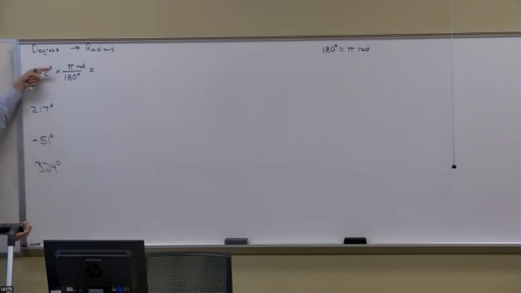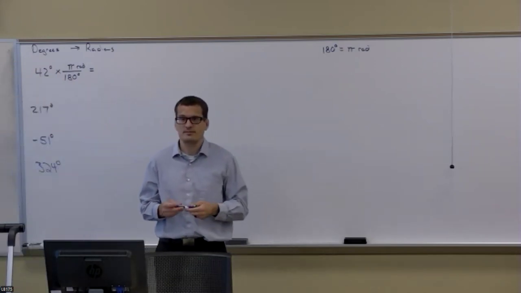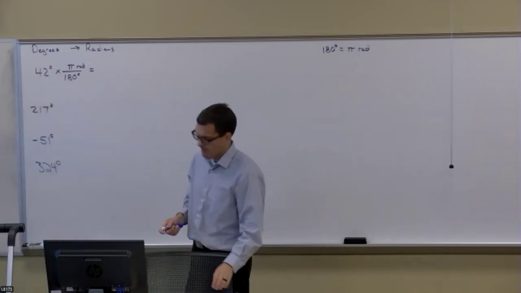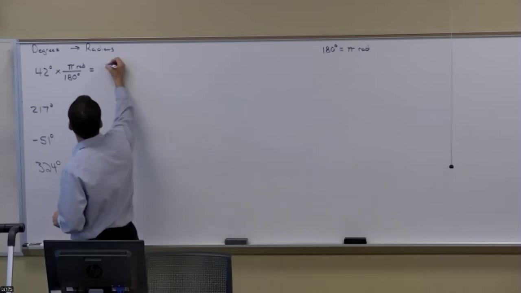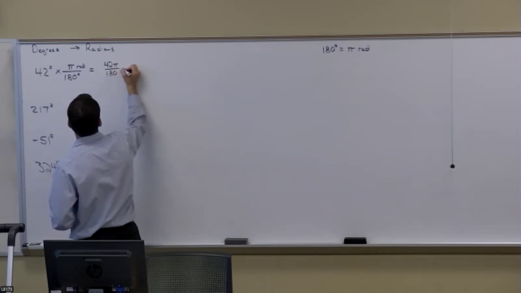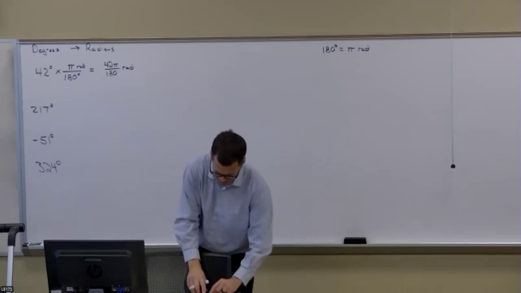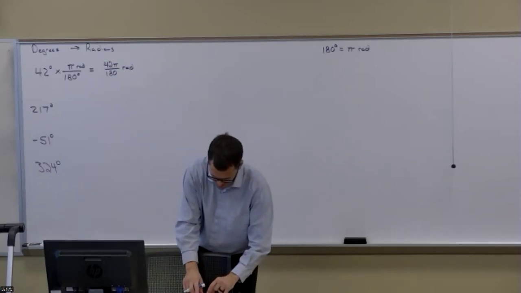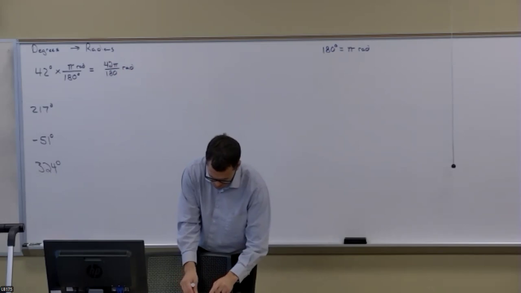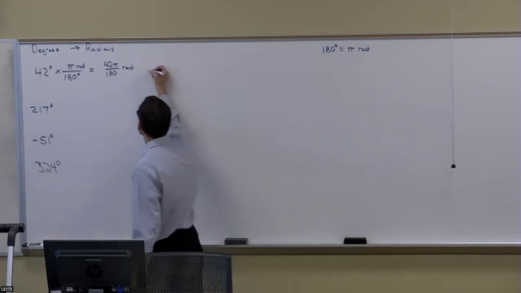So 42 times pi over 180 radians, and I probably simplify that. 42 over 180 simplified is 7 over 30.